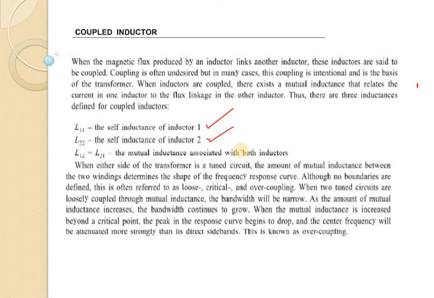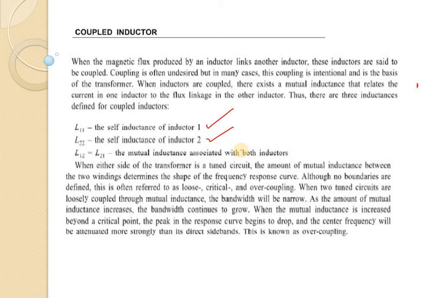As the amount of mutual inductance increases, the bandwidth continues to grow. When the mutual inductance is increased beyond a critical point, the peak in the response curve begins to drop, and the center frequency will be attained more weakly than the direct side bands. This is known as overcoupling.